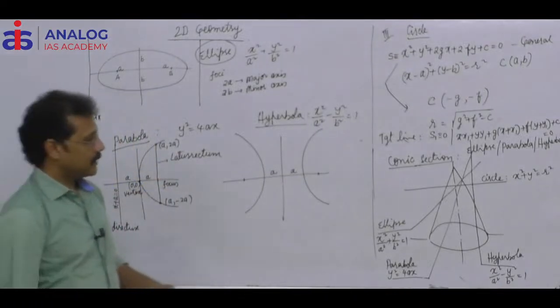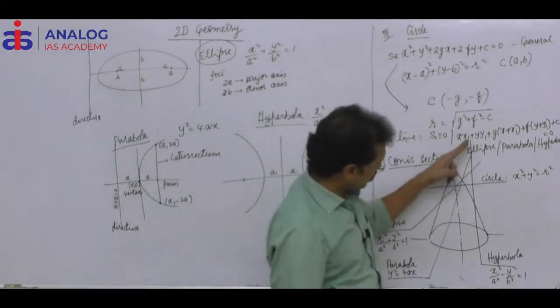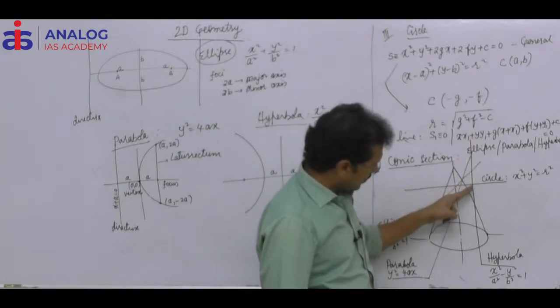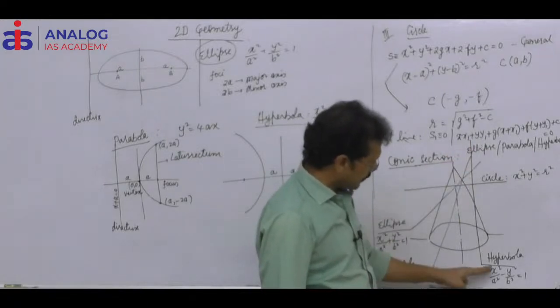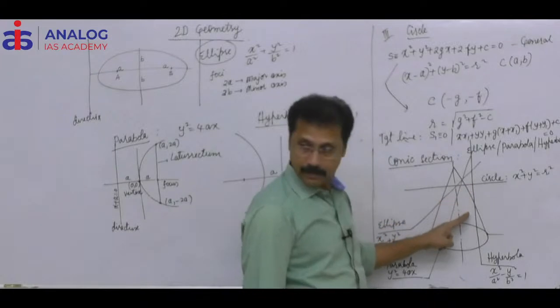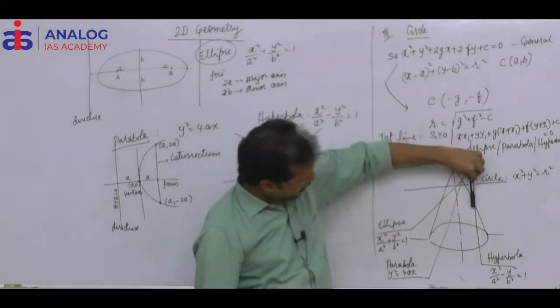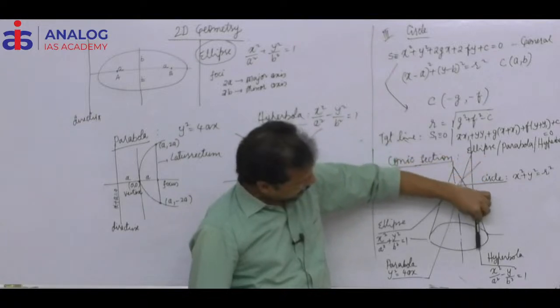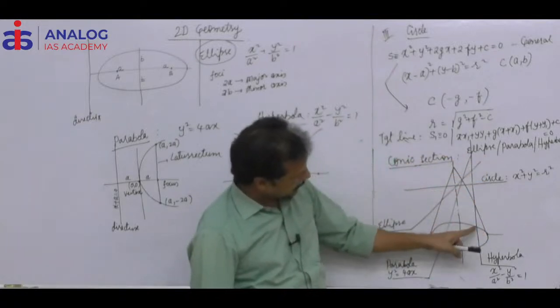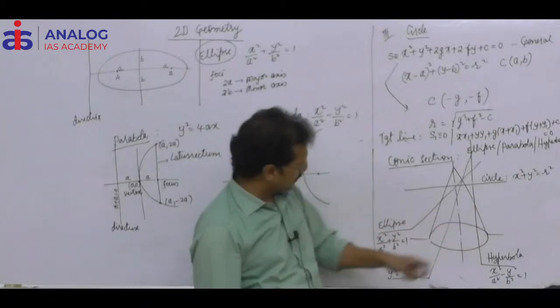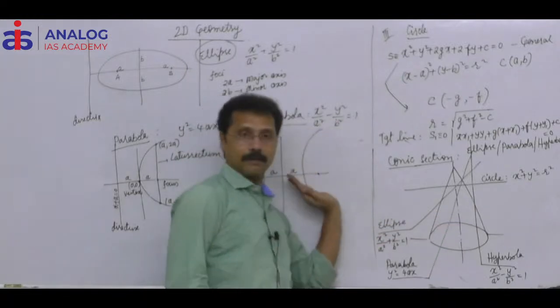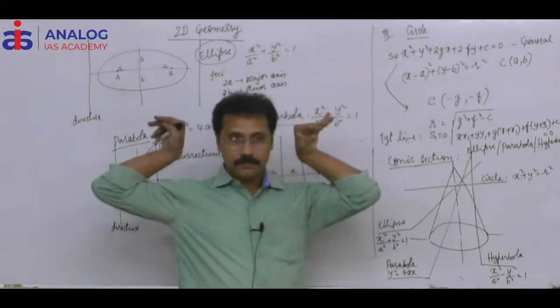Now, if you see here in this cone, this line is the line which gives the hyperbola, right? This line intersects the cone here. This intersection gives me this branch. Two branches, one branch.